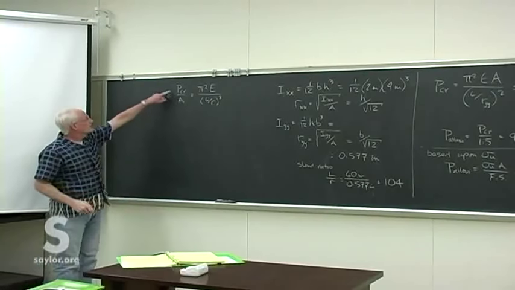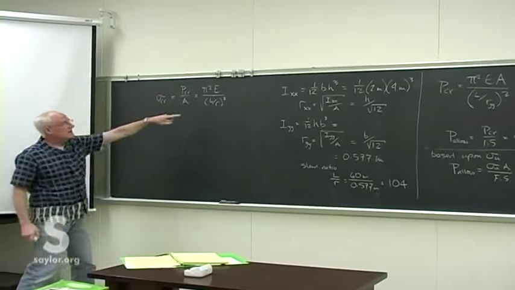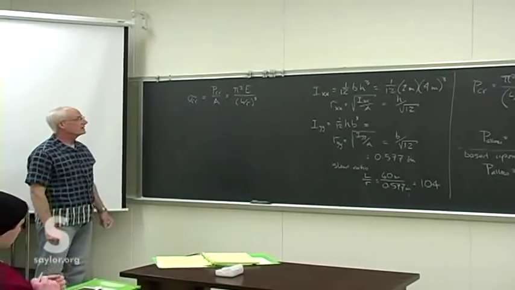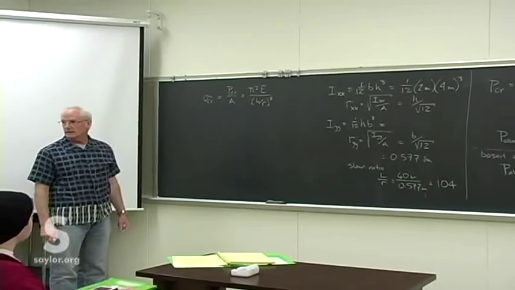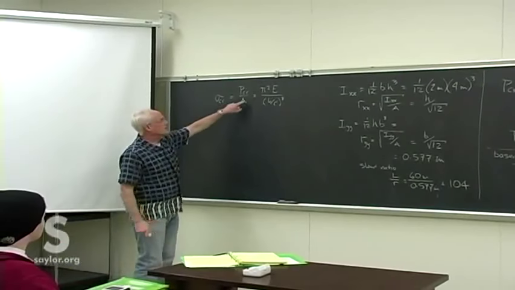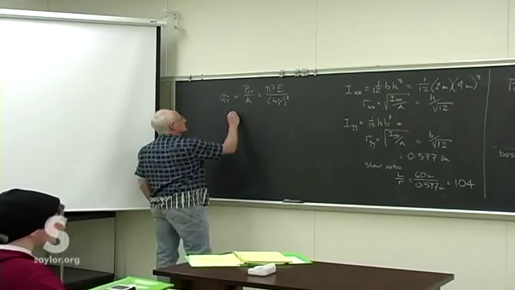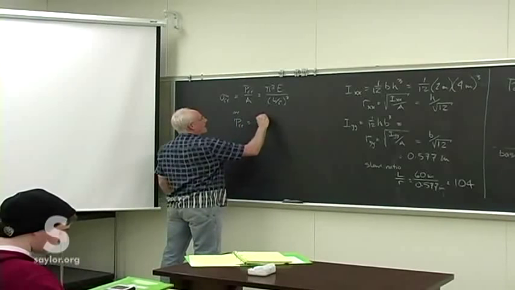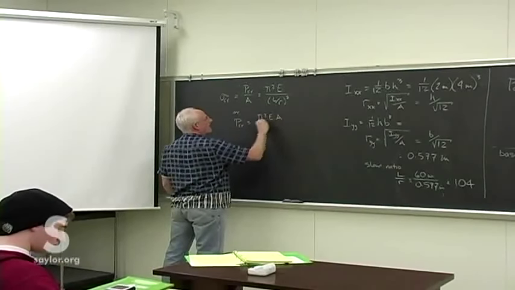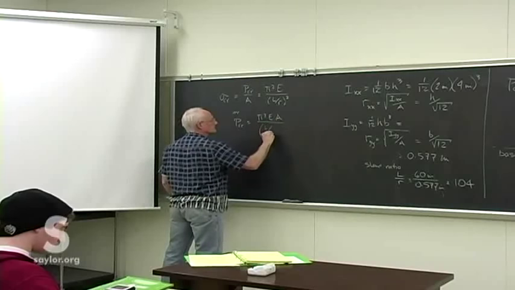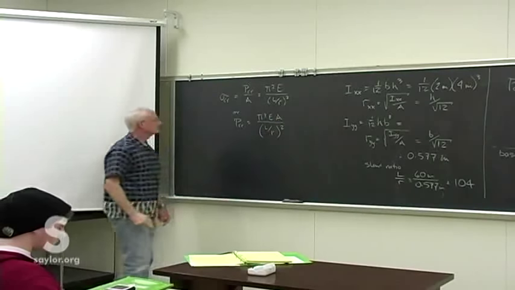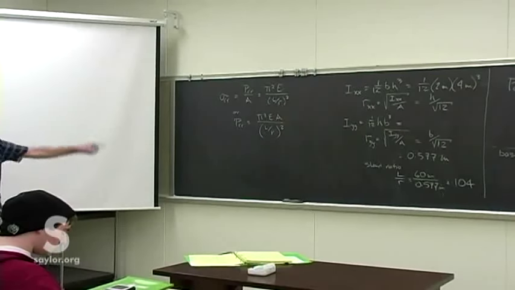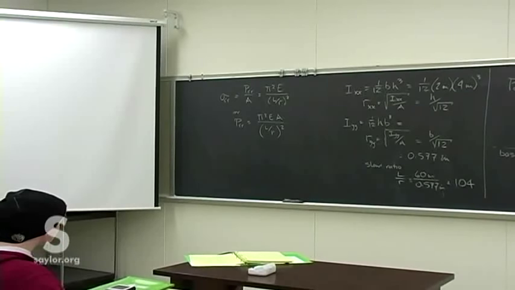If you solve this for the critical stress, then you get the equation we have over there. Just multiply it by the area. I just didn't take that extra step. And that's the one I have up there.